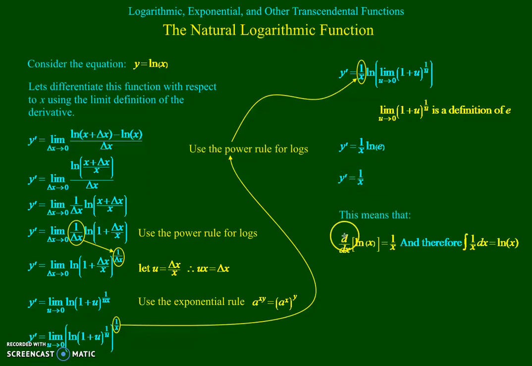So what this all boils down to is the following. Since the fundamental theorem of calculus tells us that differentiation and indefinite integration are inverses of each other, because the derivative of ln of x is 1 over x, then the antiderivative of 1 over x must be ln of x.